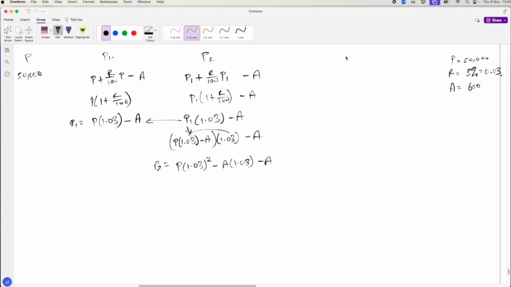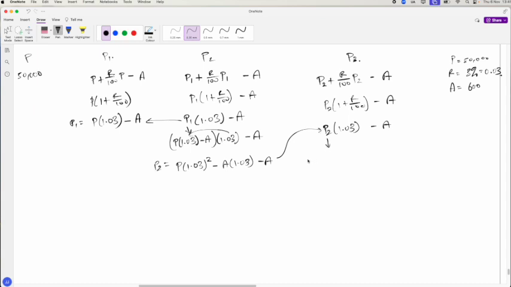And if we look after the third year, for example, we will see that it'll be P2 plus the R percentage of P2 minus another A. So that'll be P2 into 1 plus R over 100 minus A. Remember, 1 plus R over 100 is 1.03, minus A. Now let's substitute P2 in here.